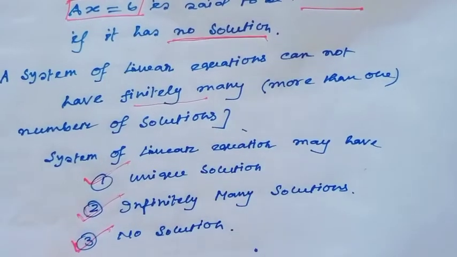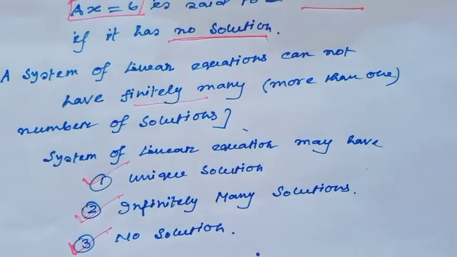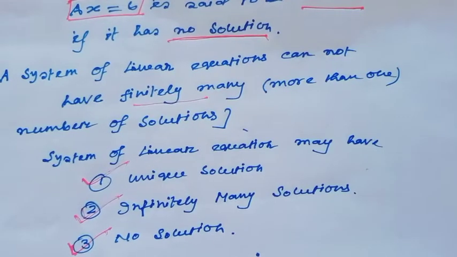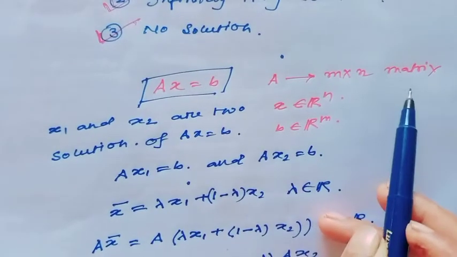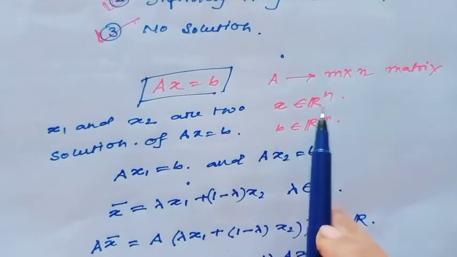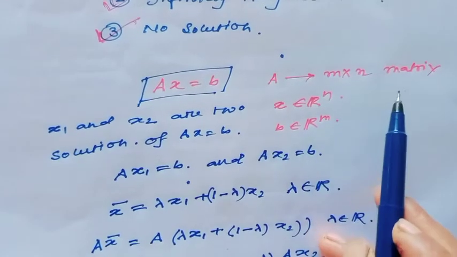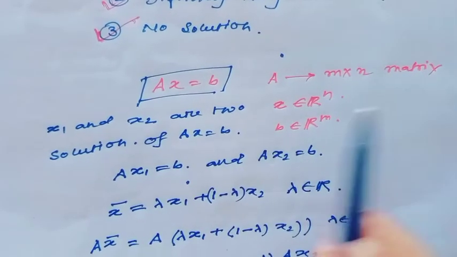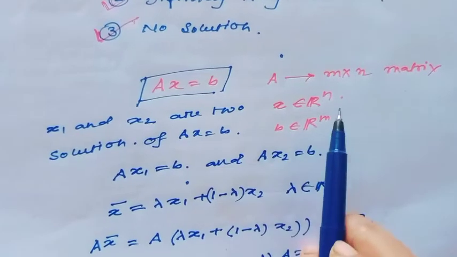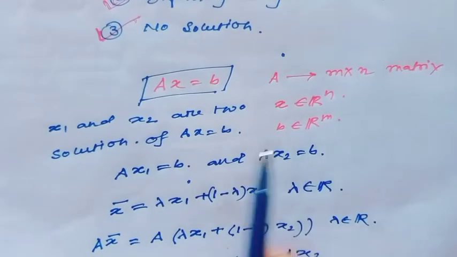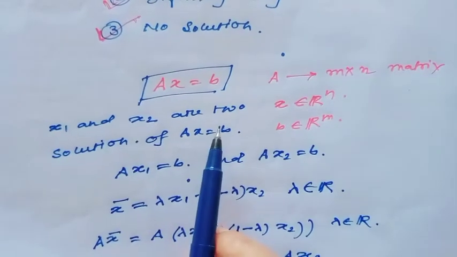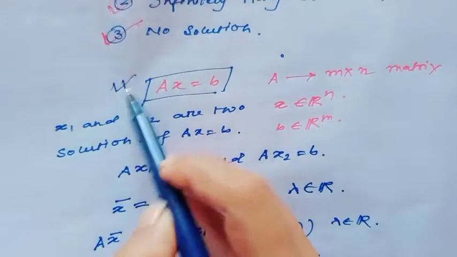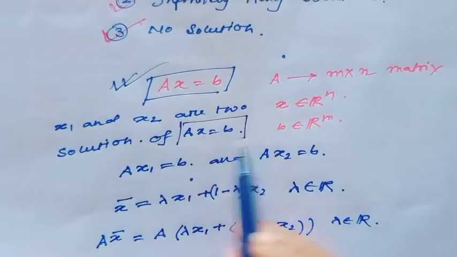Why? At first see this as a review, just for the concept. Consider Ax = b has two solutions, where obviously A is an m cross n matrix, x belongs to R^n and b belongs to R^m. Let x1 and x2 be two solutions of this system Ax = b.